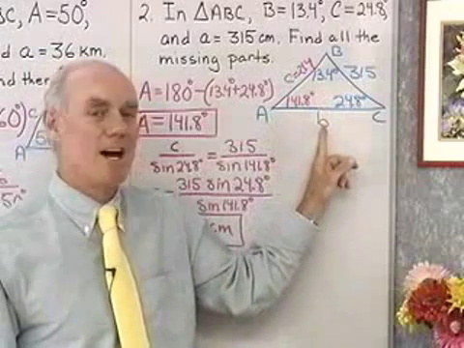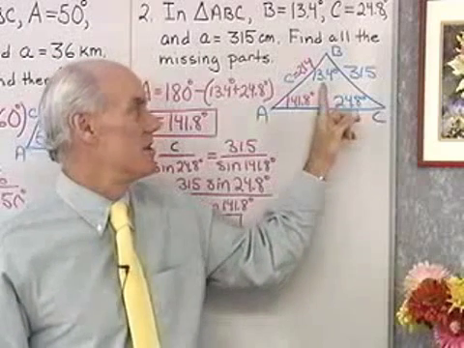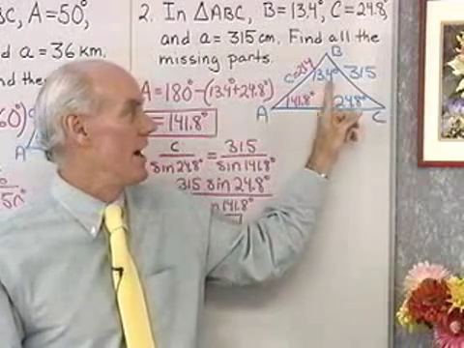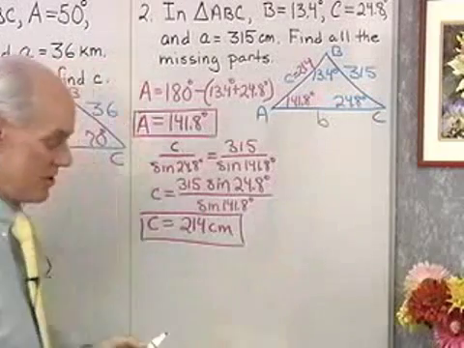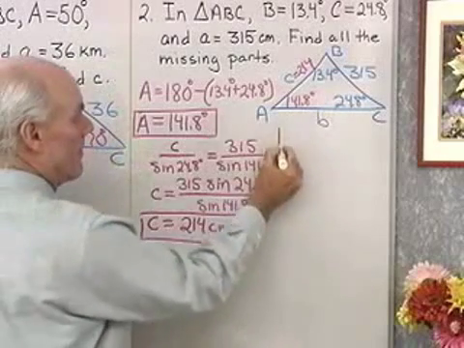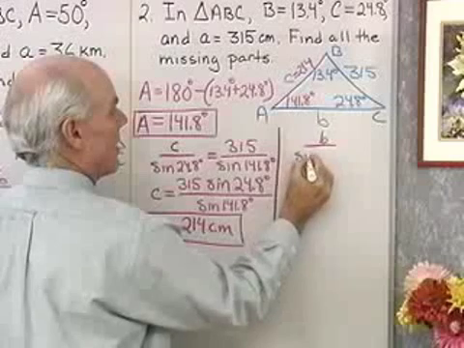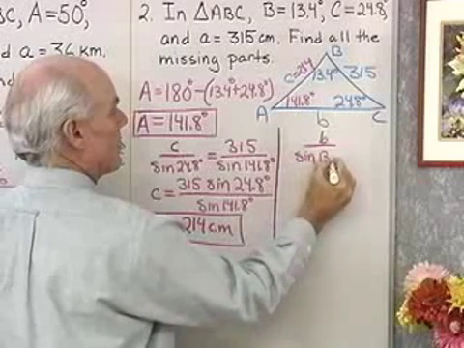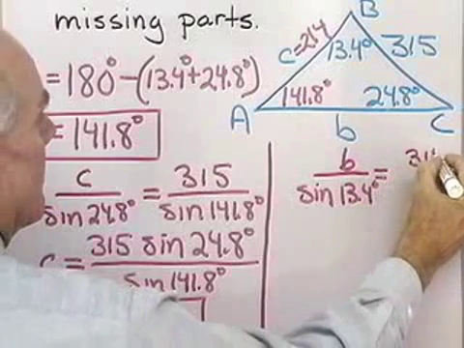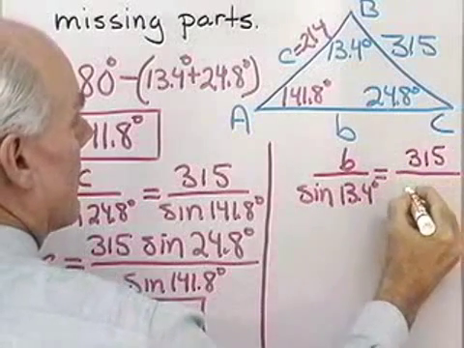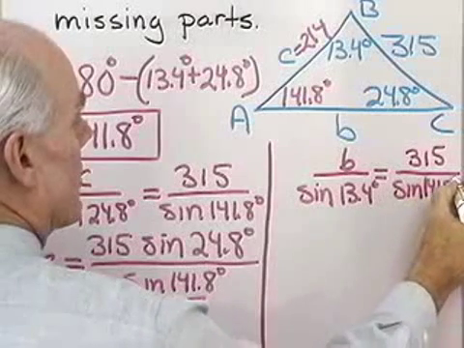The only thing left to find now is side b, and I'll use the law of sines again to say that b is to the sine of 13.4 as 315 is to the sine of 141.8. So let's do that problem over here. b is to the sine of 13.4 degrees as 315 is to the sine of 141.8 degrees.